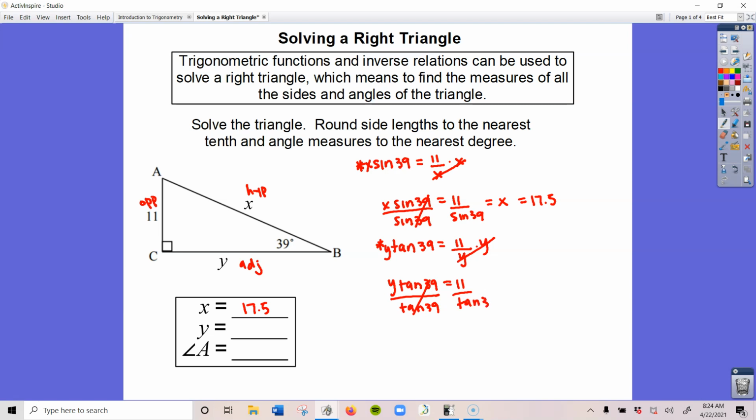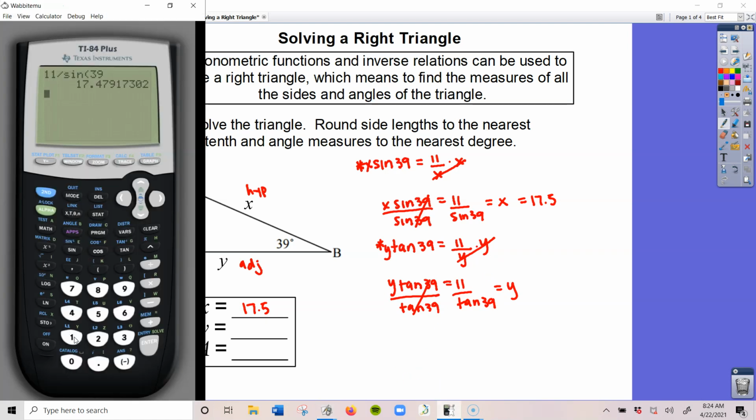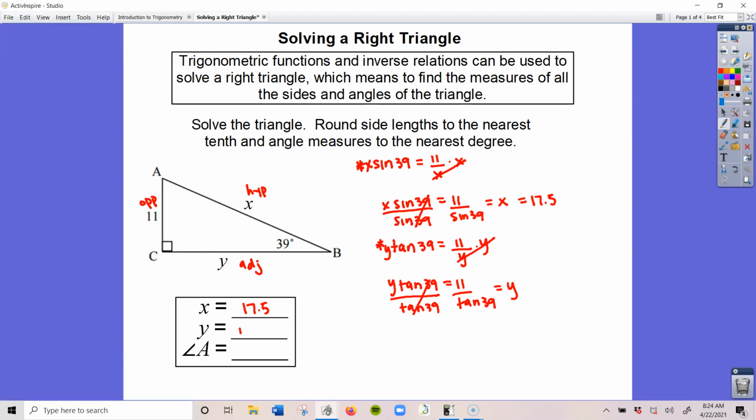So we get that y is equal to 11 divided by the tangent of 39. So I'm going to go to my calculator again, 11 divided by tangent of 39, and we get 13.58, which rounded to the nearest tenth would be 13.6.